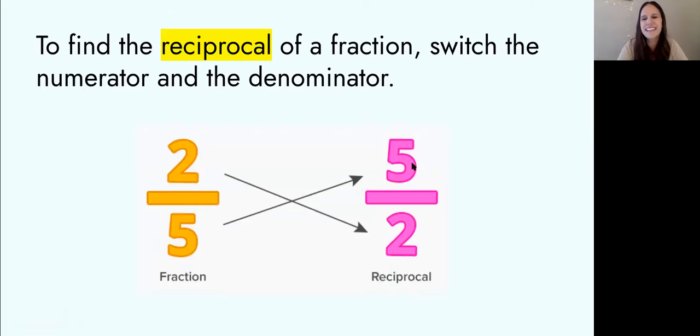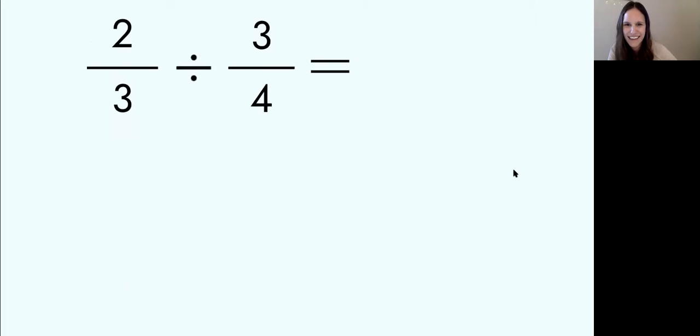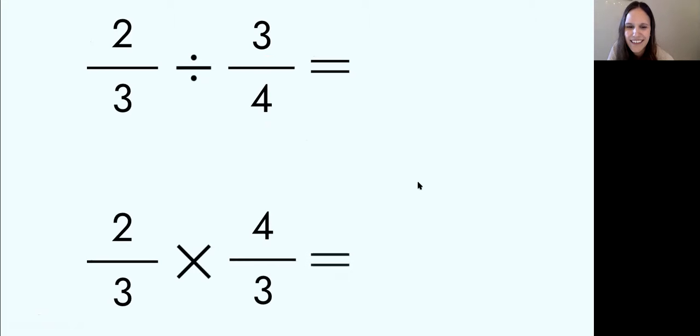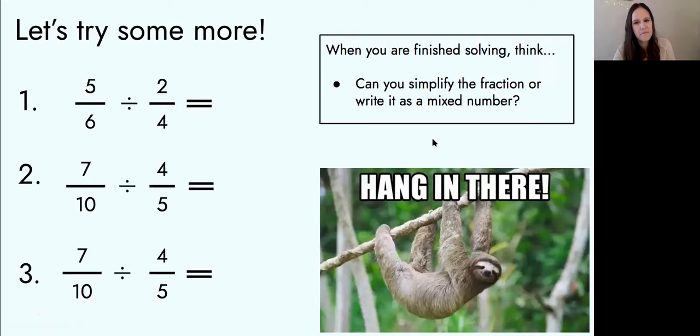So I would explain to them or remind them of what a reciprocal is, how we find a reciprocal of a fraction. And then we would apply that to changing the division problem into a multiplication problem using the reciprocal of the second fraction. We would solve that and get the answer to the problem.